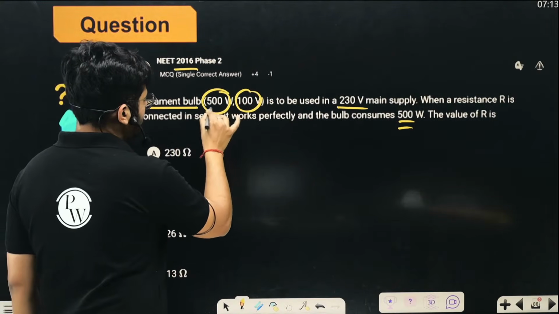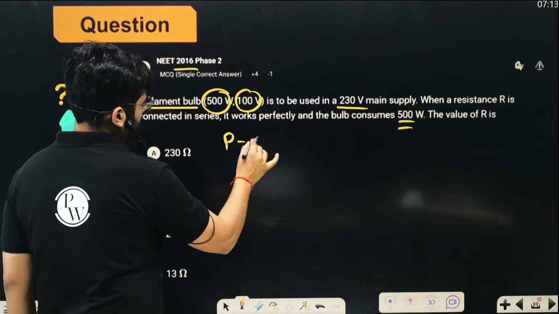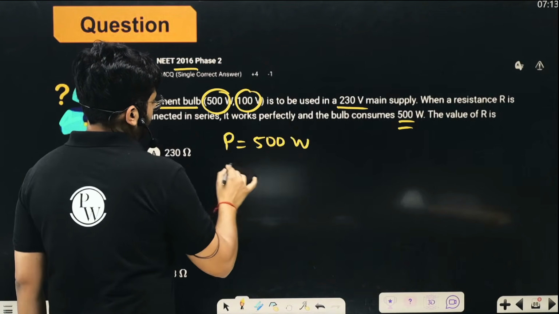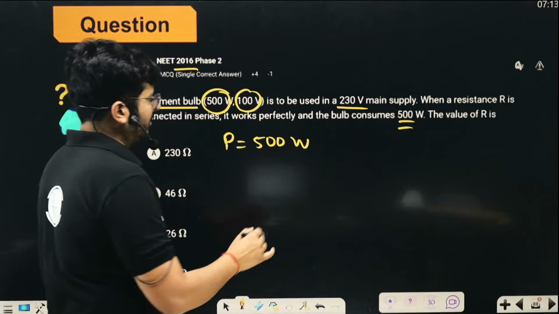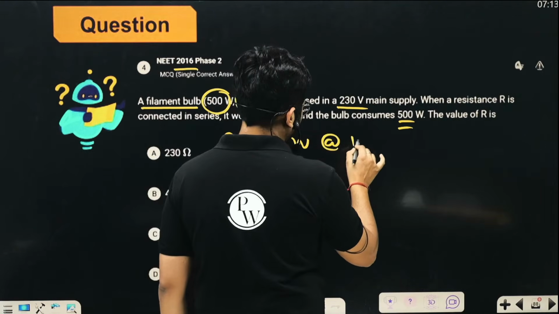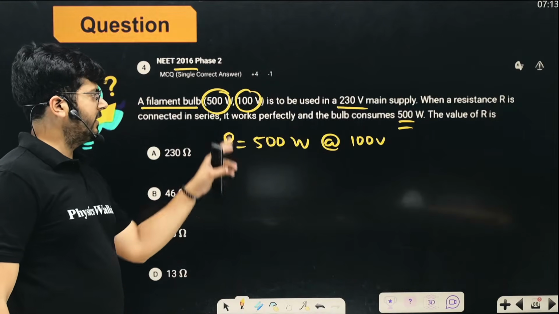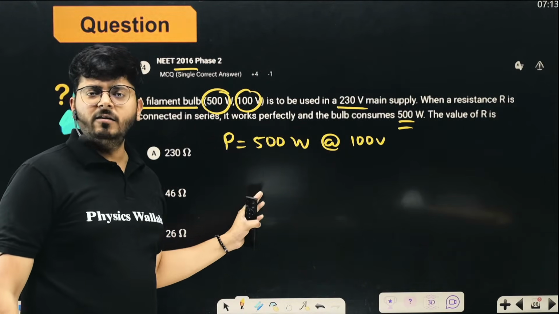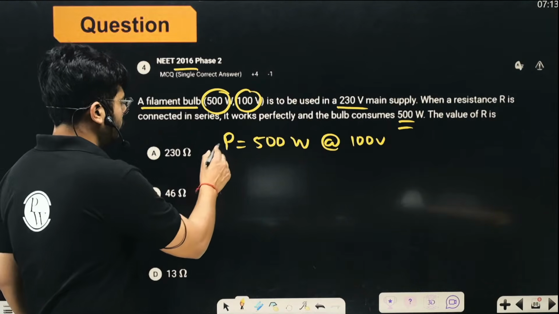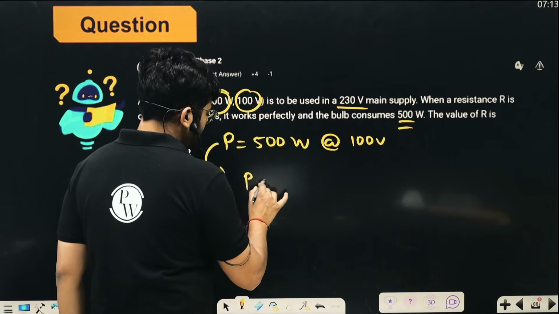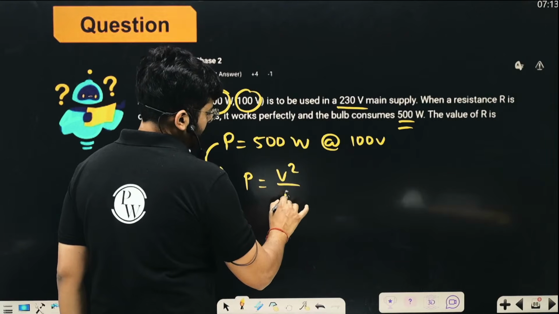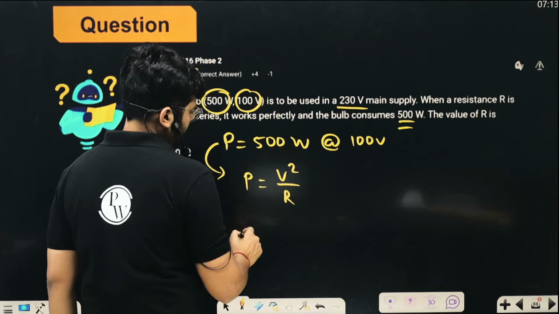The filament has a power consumption of 500 watts at 100 volt. So when you supply 100 volt, it consumes 500 watt. In this situation, you can easily calculate one more thing about the bulb, because power consumption is V square by R, in terms of potential and resistance.